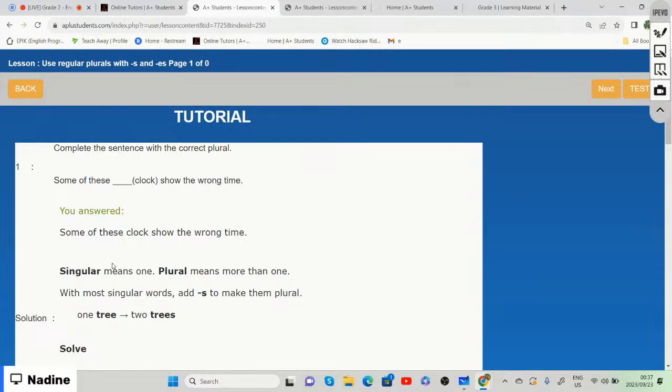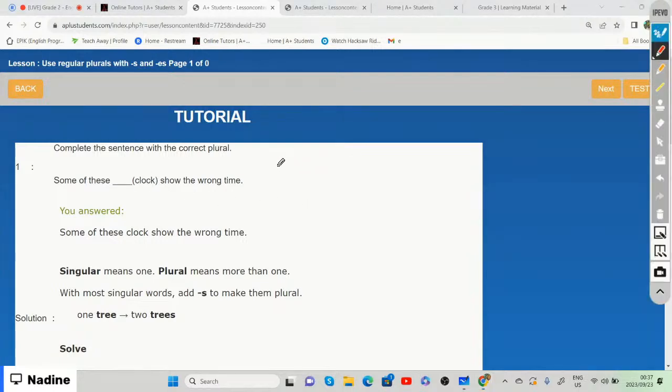We need to choose the correct one. All right, so some of these, right? So these refers to more than one. So we can say some of these clocks, right? Because it shows that there is more than one. Remember we said these and those, right? It shows plural form.